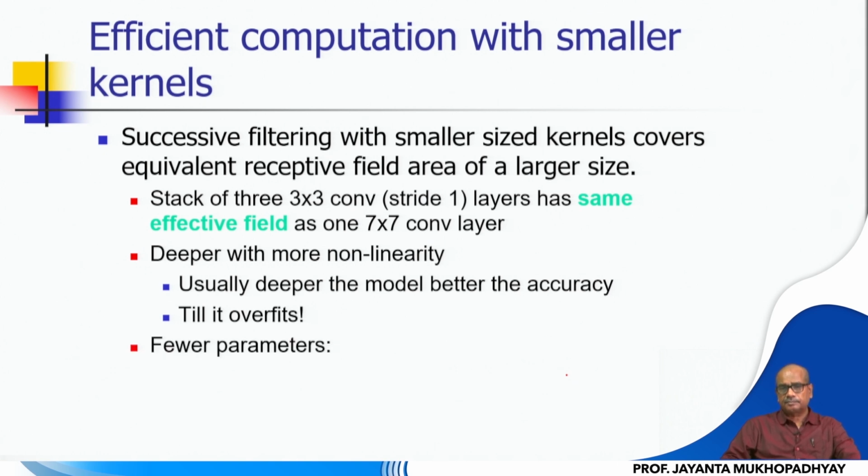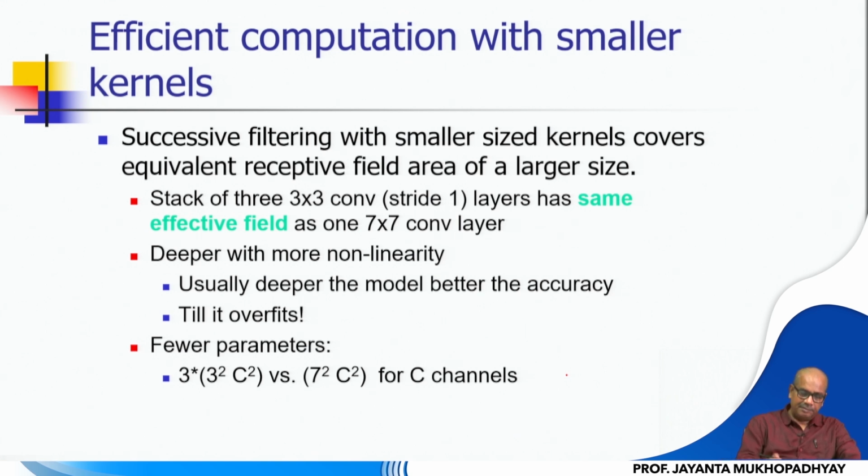Then it has fewer parameters. Though there are 3 layers, if I add the number of parameters in each layer, that would come to less than a single layer of a larger kernel size. You can see the computation: if you have a single layer with 7x7 kernel size, the number of parameters is 7 square into c square.